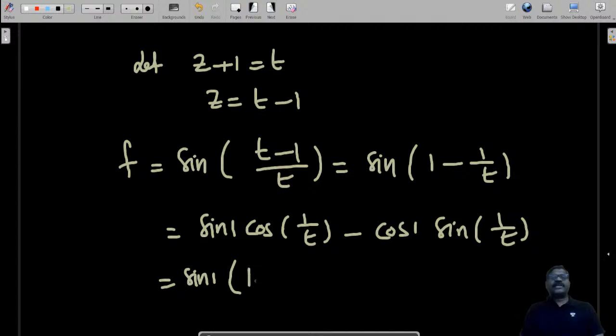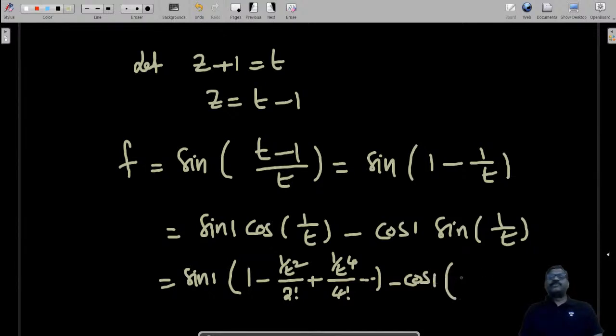Cos 1 by t is 1 minus 1 by t square by 2 factorial plus 1 by t power 4 by 4 factorial. Sin 1 by t is 1 by t minus 1 by t cube by 3 factorial plus and so on.